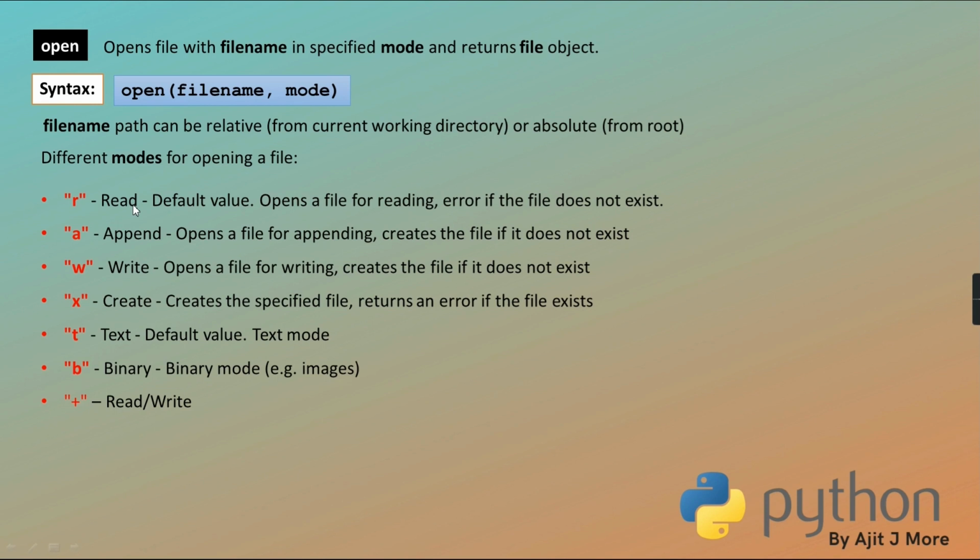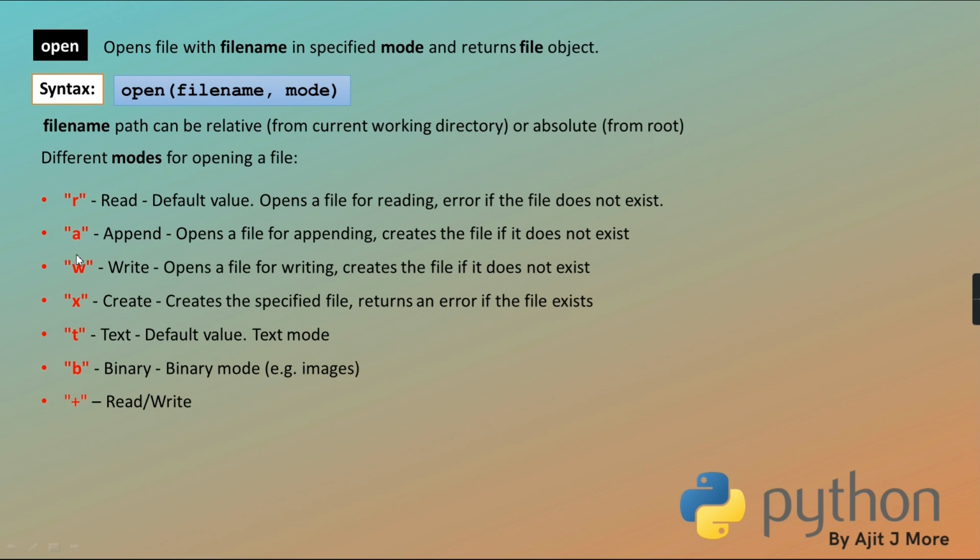So R is for read, which is default. When you don't give a mode, it is by default read mode. Opens the file for reading. If the file doesn't exist, an exception is thrown. Append, okay, it will create the file if it doesn't exist, but if it exists, the data is not lost.